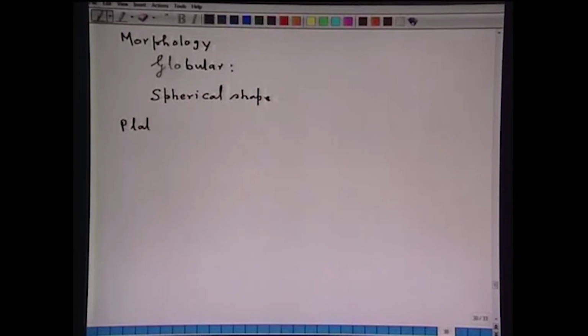Another shape is a platelet shape. Say for example, the deoxidized steel with aluminum, it contains manganese sulfide and oxysulfide in the form of thin film located at the grain boundaries.